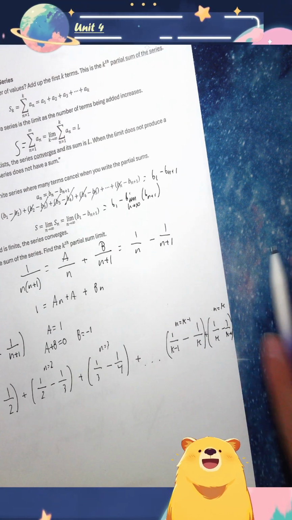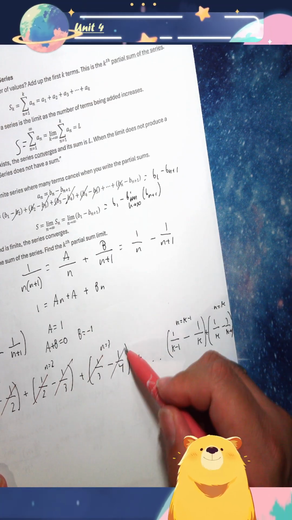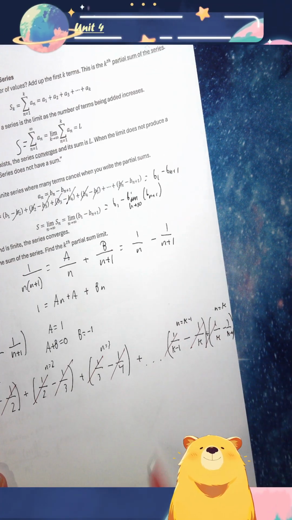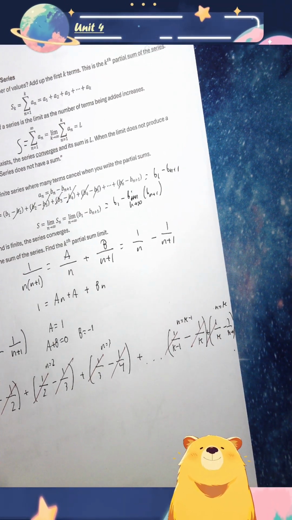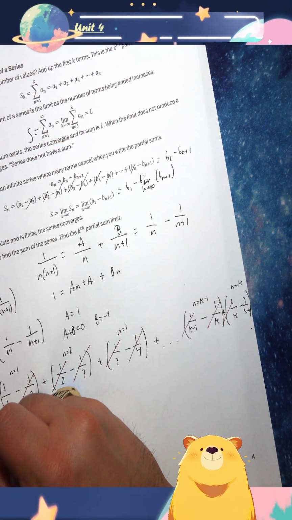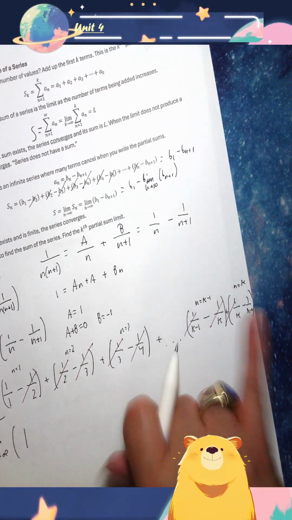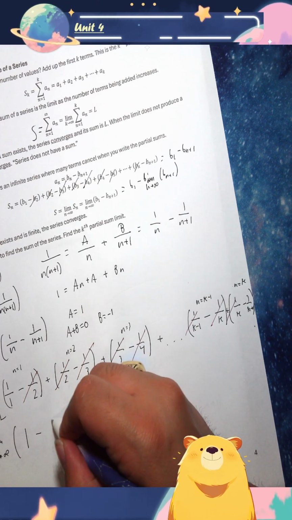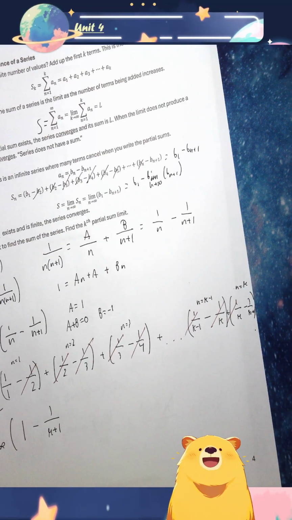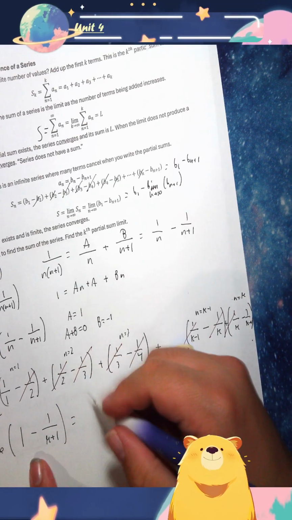And you technically have taken out every middle term except for the first term, 1, and the k term, minus 1 over k plus 1. Well, we know that we can, from here, just move the limit.